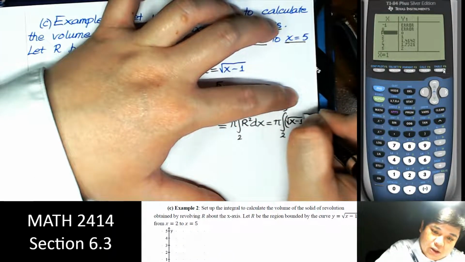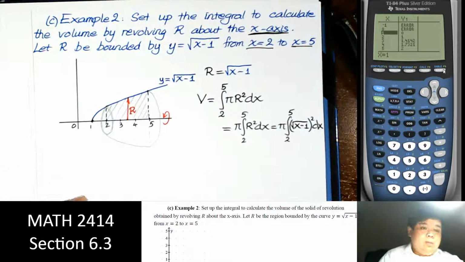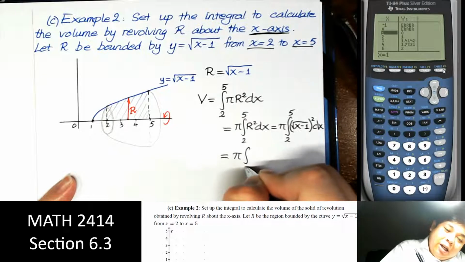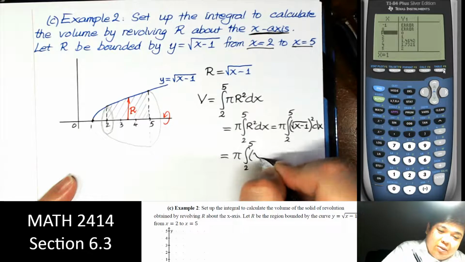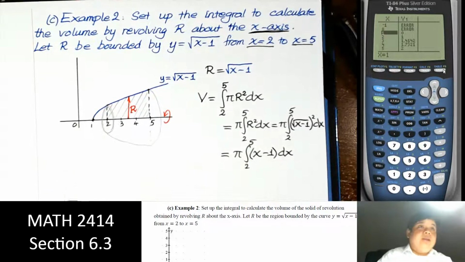And we need to square that. And so when we do it, we have pi integral from 2 to 5. Square and square root cancel out, just x minus 1.